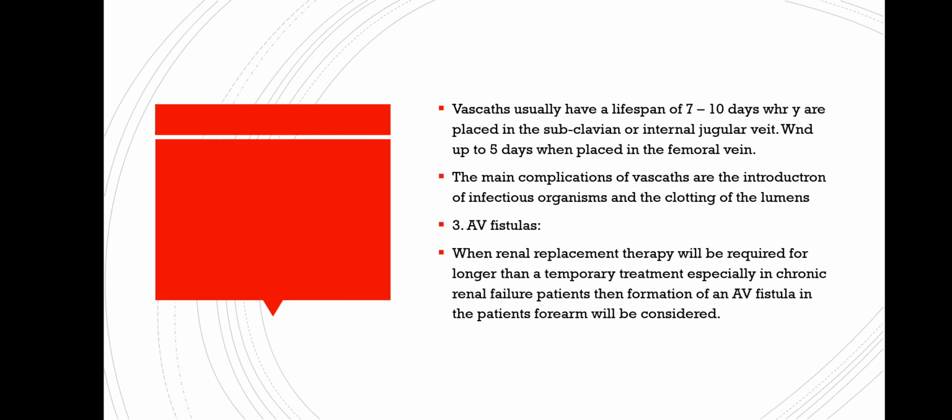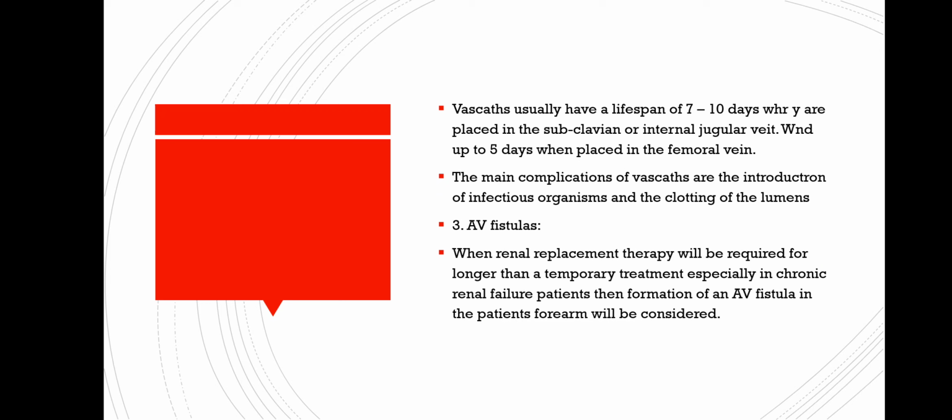The catheter usually has a lifespan of 7 to 10 days when placed in the subclavian or internal jugular vein, and up to 5 days when placed in the femoral vein.